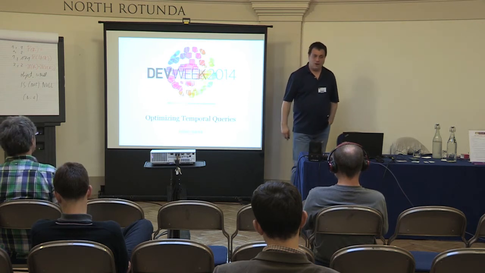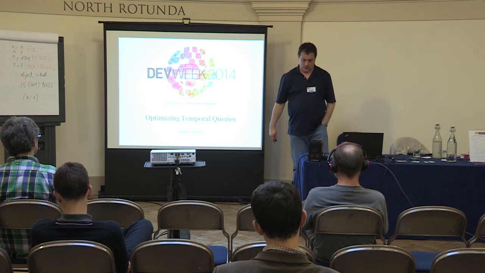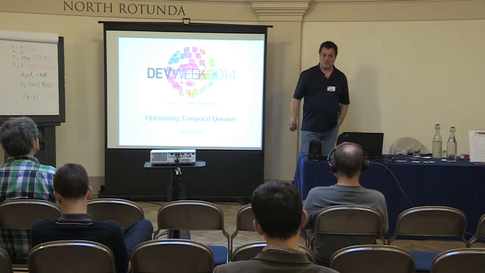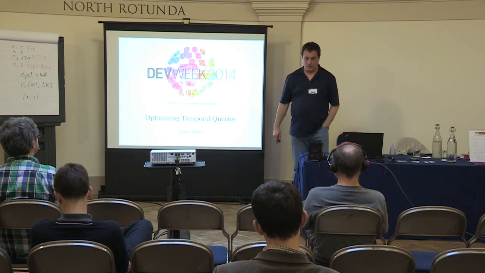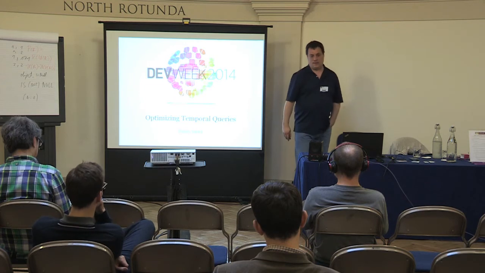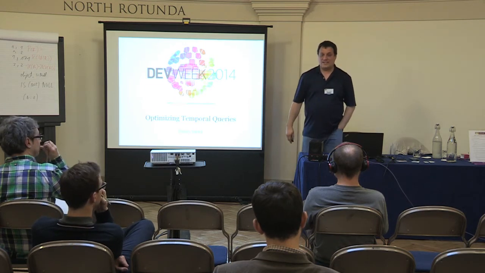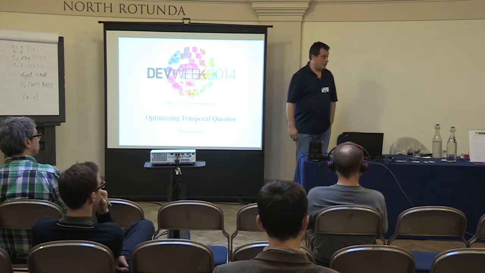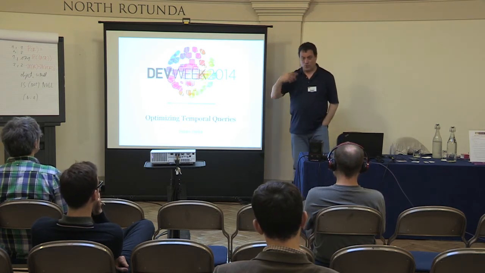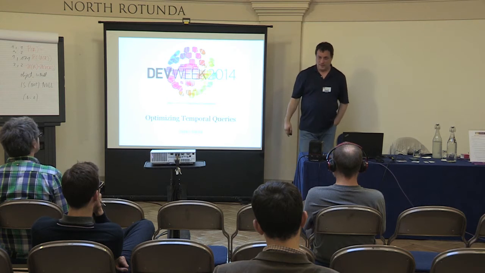Suddenly I have these predicates that are not searchable, so even if I have an index, it doesn't help me. I get a full table scan. Also, the size of the unpacked form could be problematic.